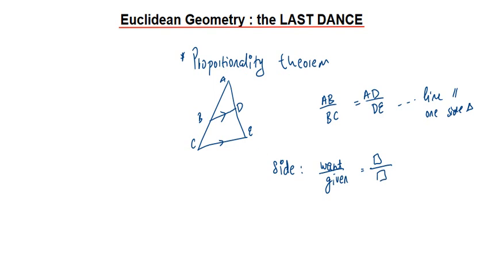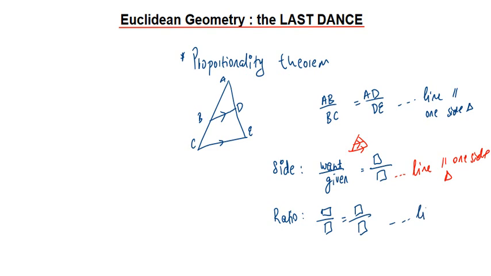We match using a triangle that has one side which is parallel to the third side, and therefore we use the reason line parallel to one side of a triangle. If you are looking for a ratio, we said you simply write the ratio as a fraction and then you match there. Then you use line parallel to one side of a triangle.